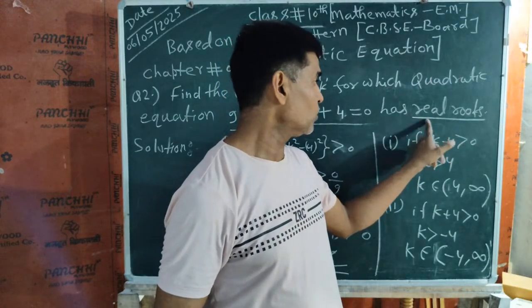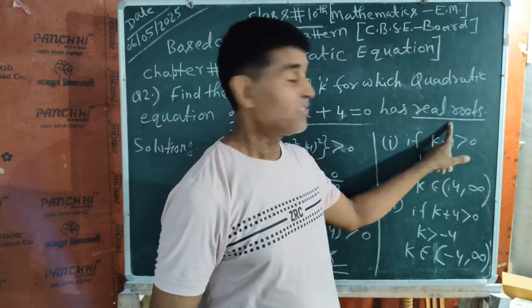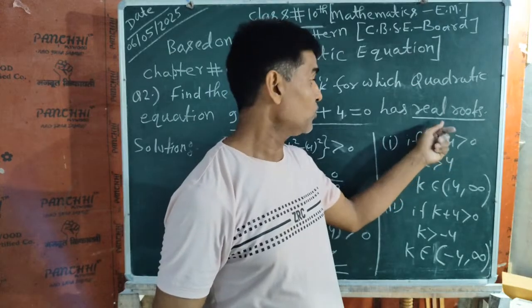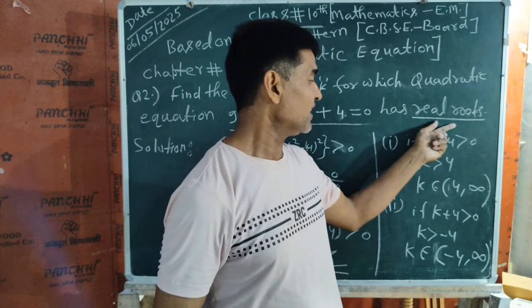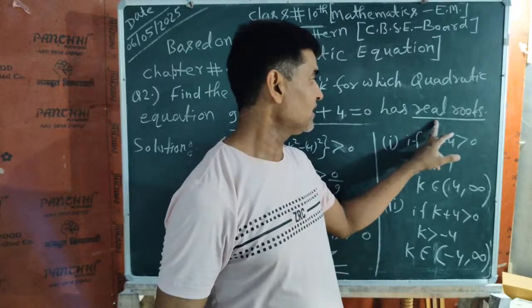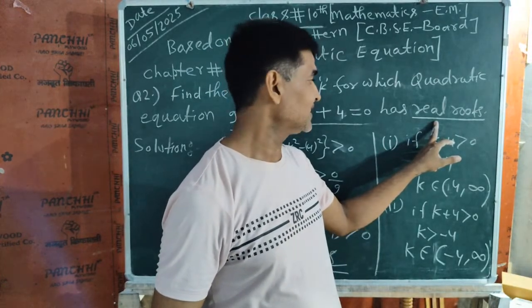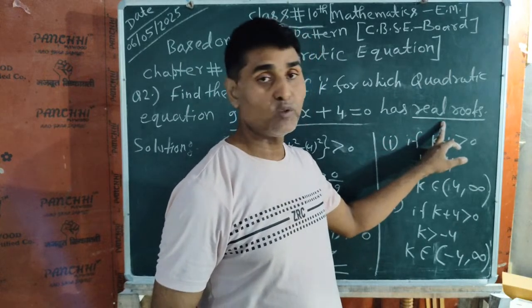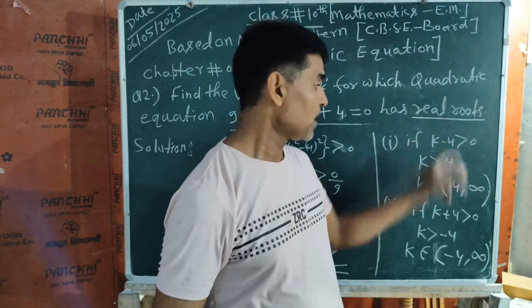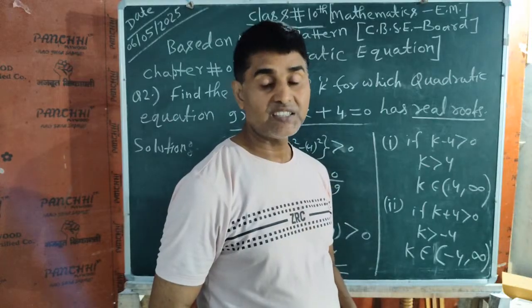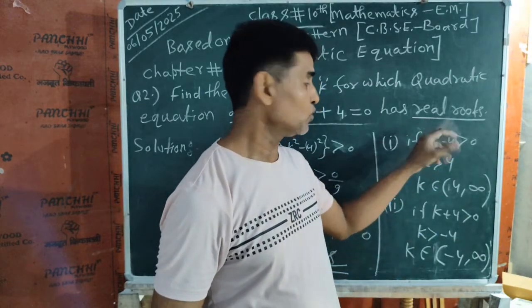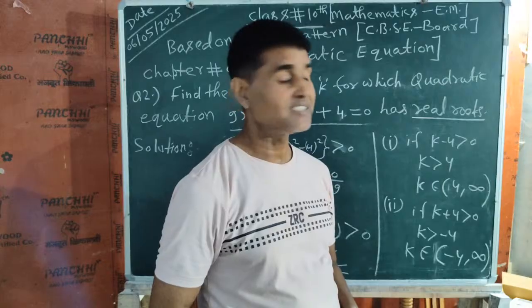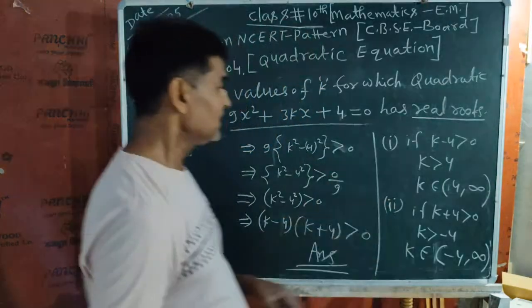But if both roots will be real, so one information is hidden here, and for that information I will write the value of the discriminant is greater than 0. In other words, we can say that both roots will be real and distinct. And condition number 3 is such that if both roots are imaginary, in other words we can say that the value of discriminant will be negative.